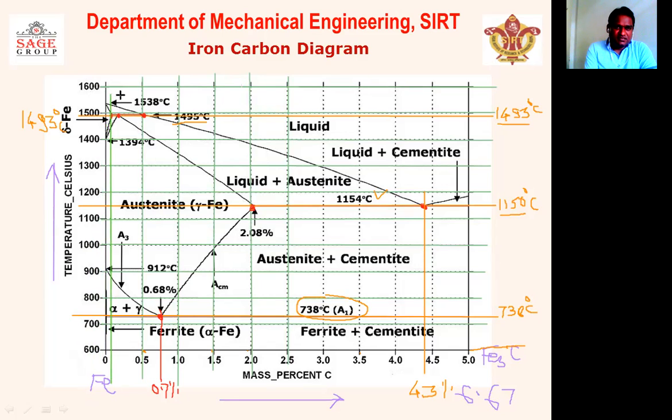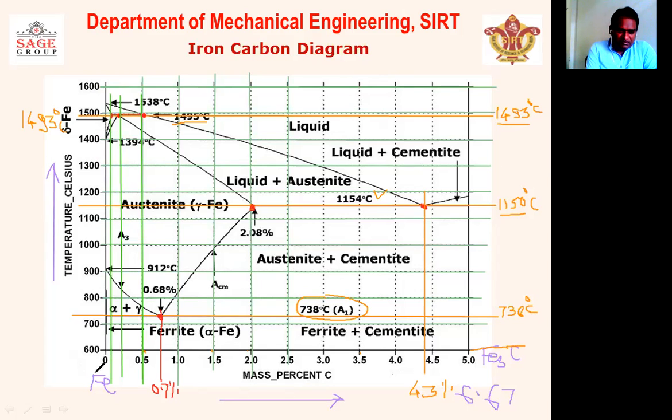These are the construction lines, and these lines should be very thin and very light, so that your final diagram appears very clearly and neatly. With the help of these projectors, I can read the weight percentage of carbon.